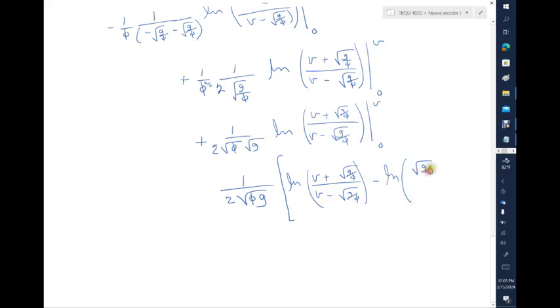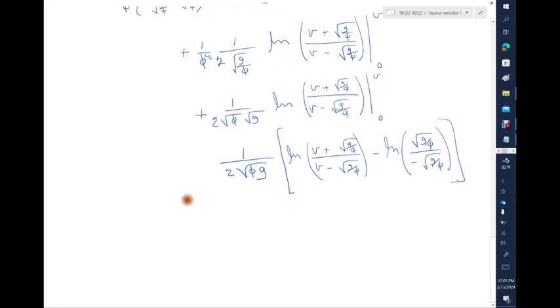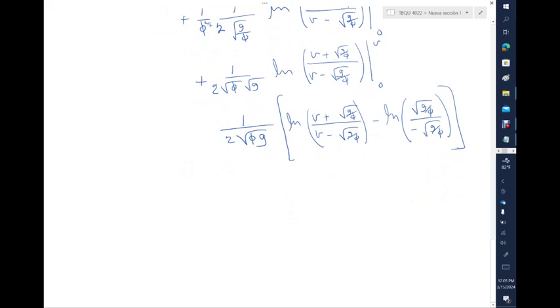We want to be careful with that. Negative g over phi. So we close this bracket with this one. Now the result is kind of weird, and let's keep writing that here, 2 over phi times g.